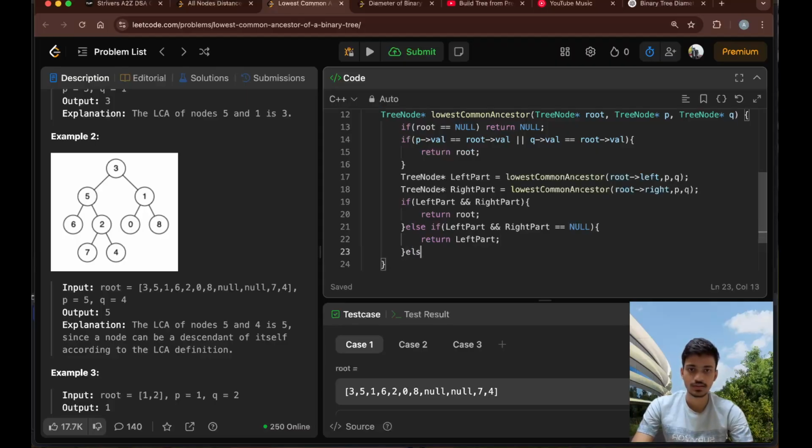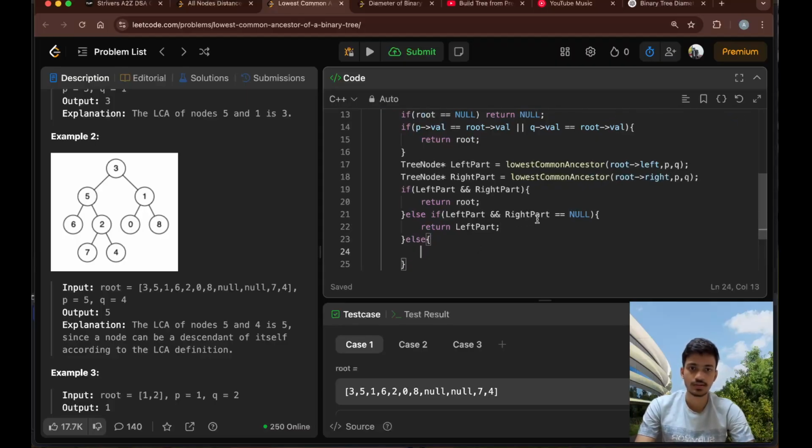Else case would be this is not null, or we can say both are null. In both the cases you can just return the right part.